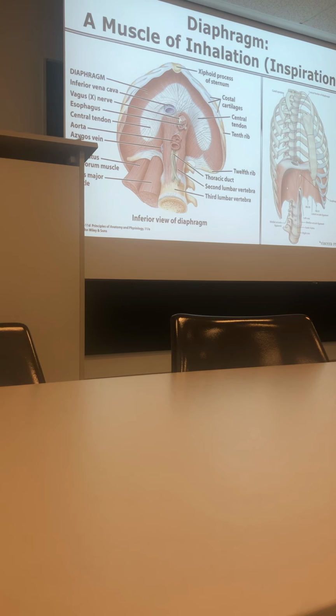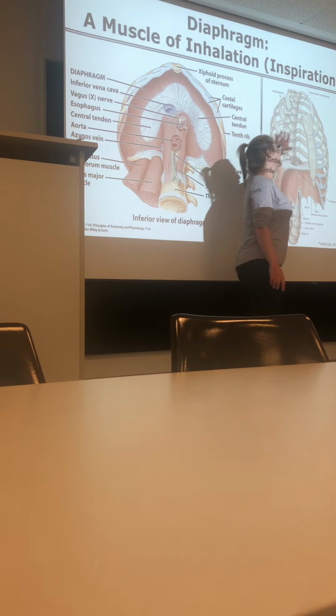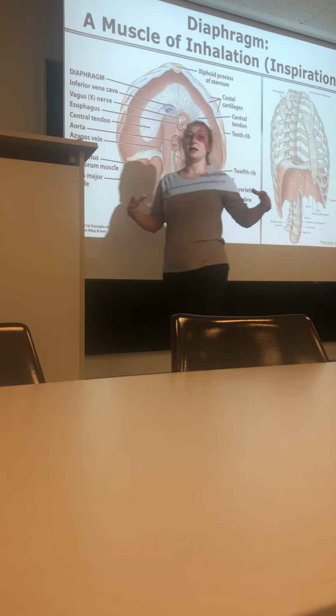When breathing, it flattens to open up this space. Does that make sense? Imagine your external intercostals opening up your ribs, moving them out laterally, so there's even more space, and your diaphragm is dropping down. So this whole space opens up so that your lungs can expand as air enters.